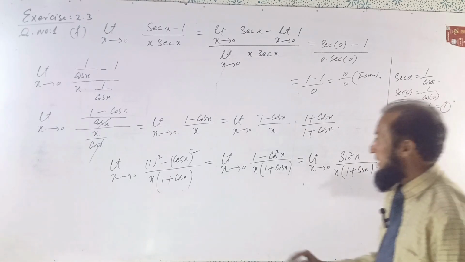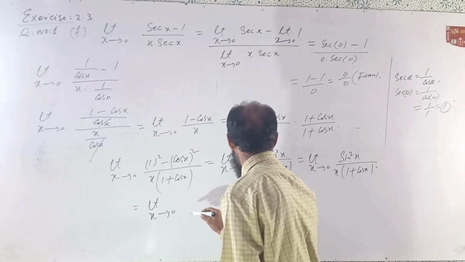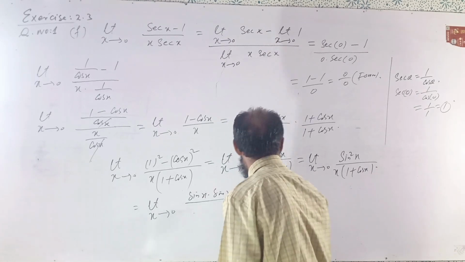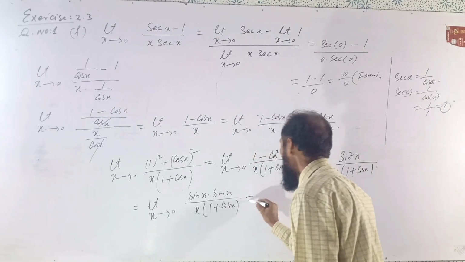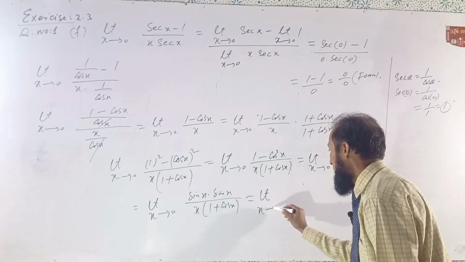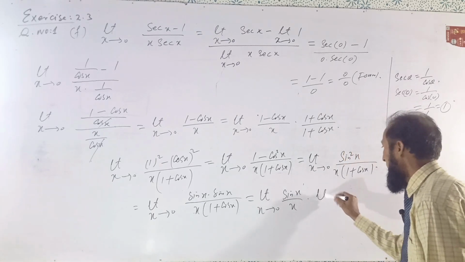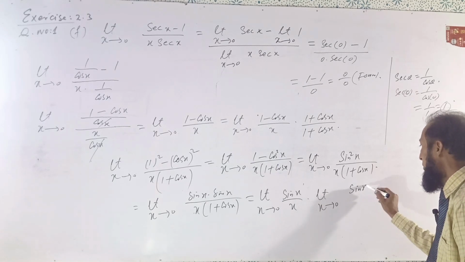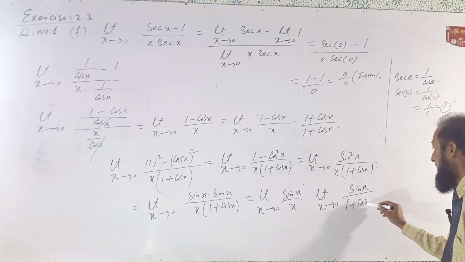Similarly here we can write this term, limit x tends to 0, sin x into sin x divided by x into 1 plus cos x. Now we can write, this is the formula we are making, limit x tends to 0, sin x divided by x, dot limit x tends to 0, sin x, one sin x is remaining, divided by 1 plus cos x.